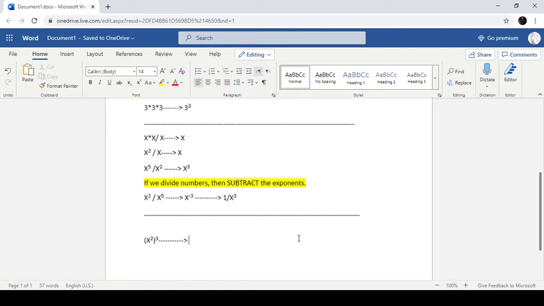Take it in steps. We know this is x times x, so let's separate that out: x times x, and it's still to the third power.